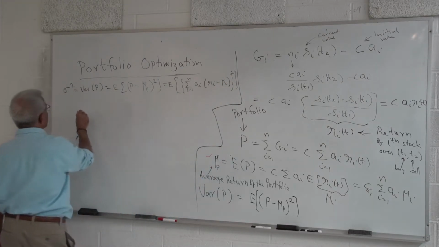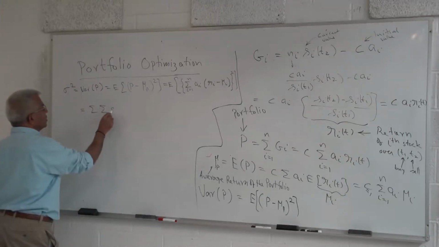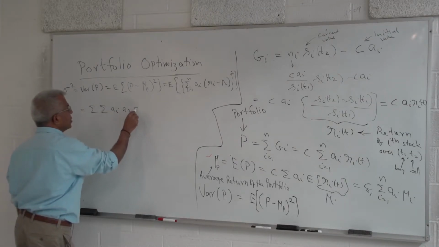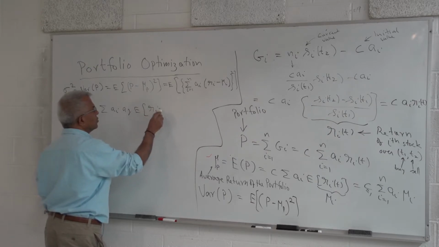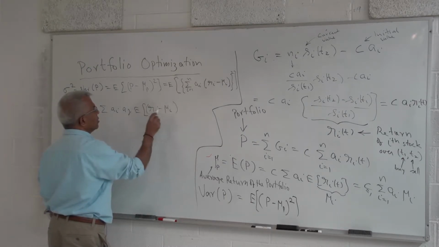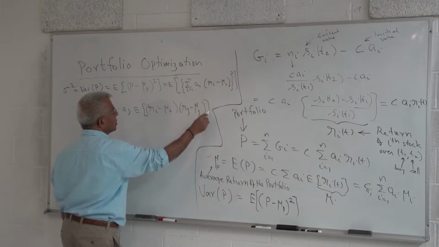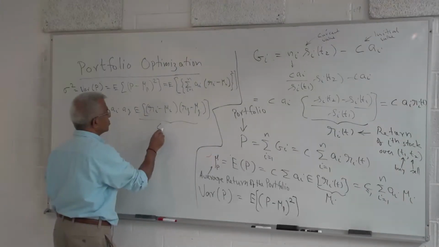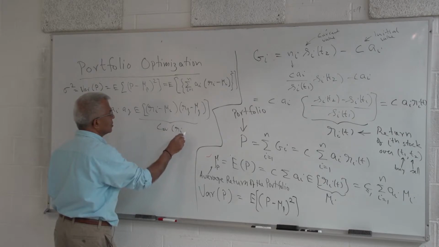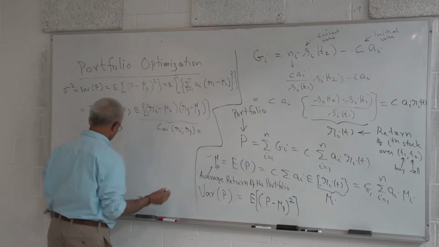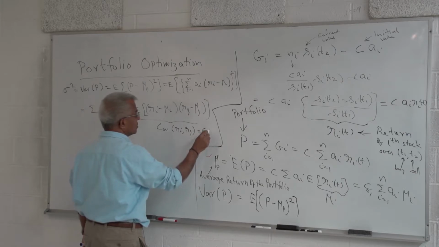So I can expand this as a double summation Ai Aj, expected value of Ri minus mu I multiplied by Rj minus mu j. But this is the covariance of Ri comma Rj. So I'm going to call this, let's say, Cij.